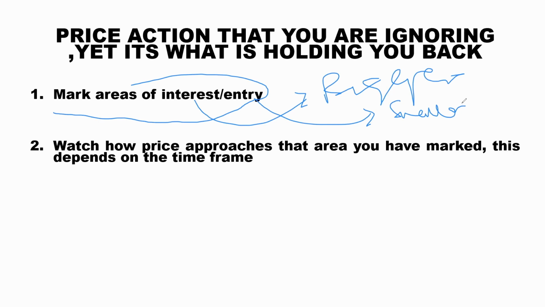Some do their analysis in daily and take their entries in hourly time frames. Some do their analysis in weekly and take their entry in hourly time frame. So it depends on how you treat your analysis, but we did a very comprehensive video on how to use time frames. If you've not watched it, make sure you go and watch it. It's one of the key reasons why people are losing money. So this is for point number one.